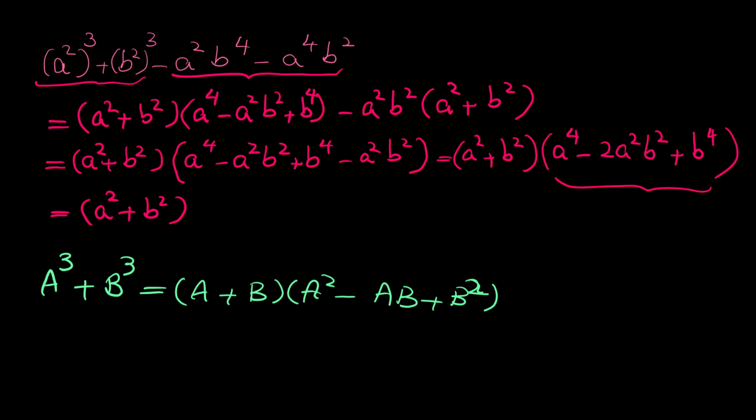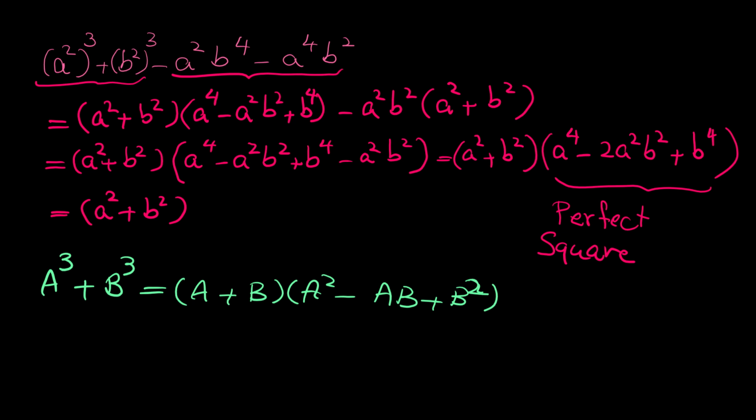Again, this is a perfect square. If you want to learn more about the perfect square identity, and when we use that identity for factoring, watch my video about perfect square identity and its application for factoring.